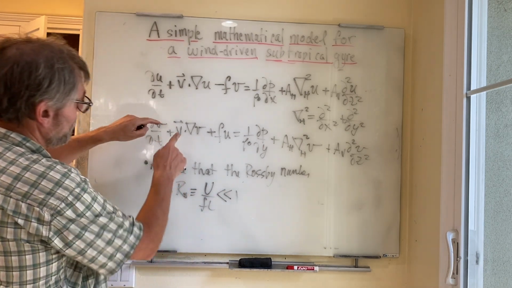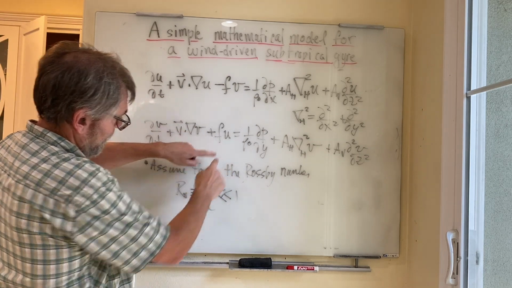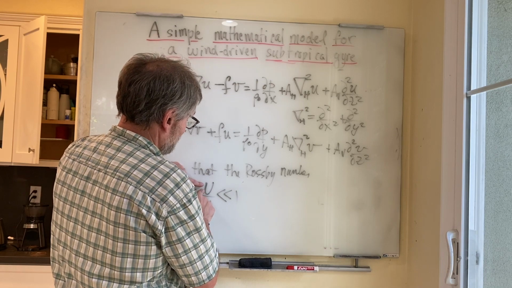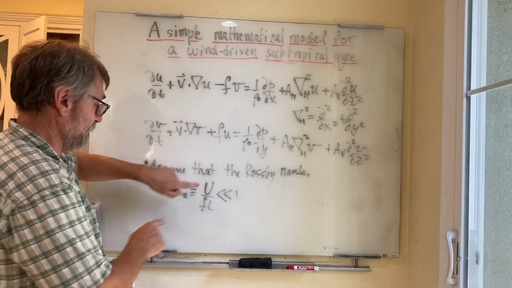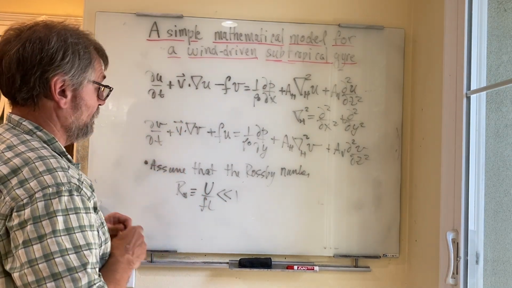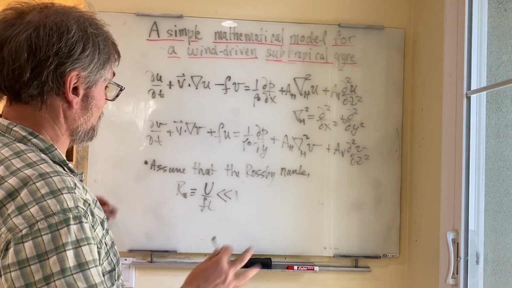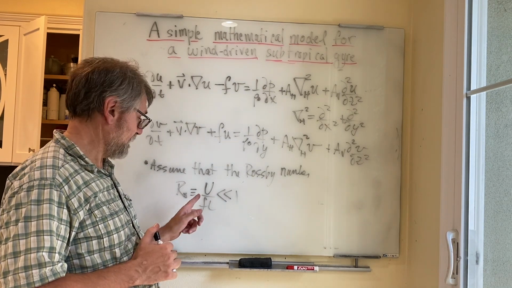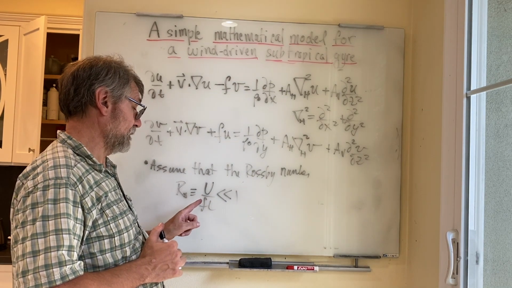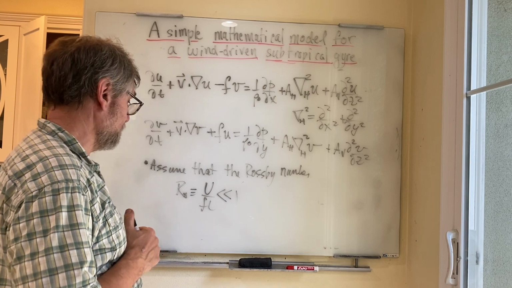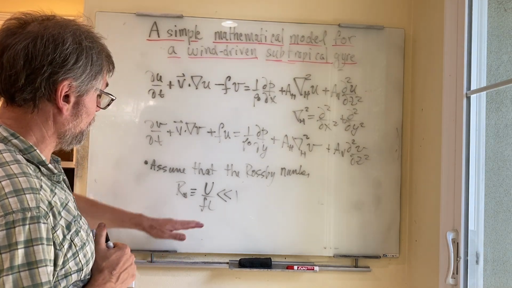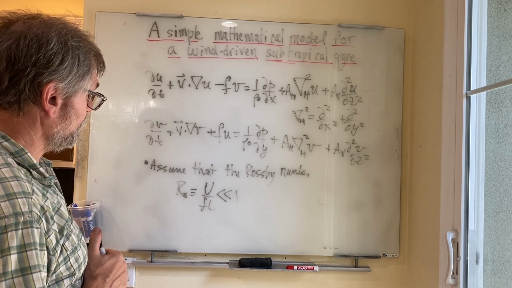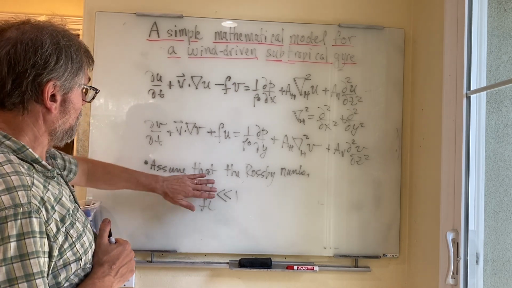In other words, the magnitude of this term is small compared to that one. In this case here, U is not the depth integrated current, that's just a horizontal velocity scale for the current. So we're going to assume that this is small for the large scale gyre circulation, which is a good assumption. It's true everywhere except maybe when we get in the western boundary currents, then this can start approaching close to 1, a little bit less than 1, but so we would make some considerable errors in the Gulf Stream. Okay, so assume that these vanish.